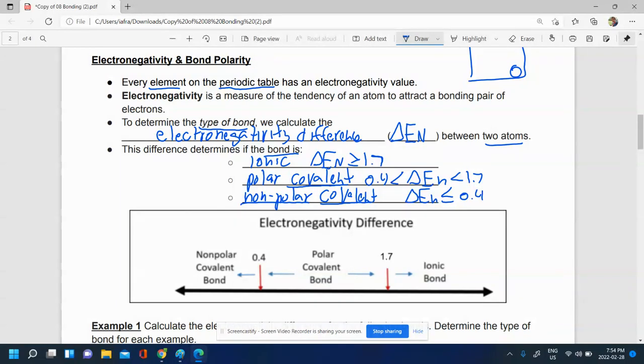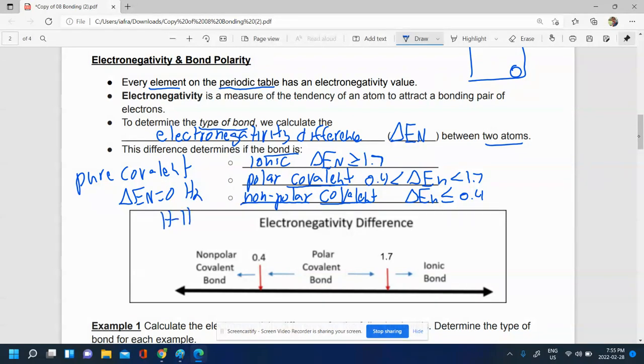There is one more little category you might get, which is still part of the non-polar part. It's called pure covalent. Pure covalent is where the electronegativity difference is equal to 0. And so that means that you're basically dealing with the same atom bonded to itself, like H2.